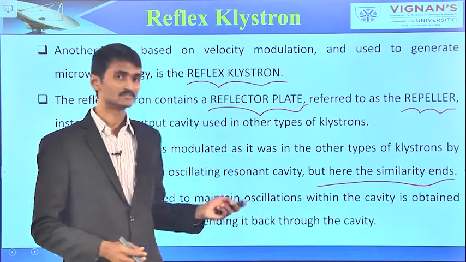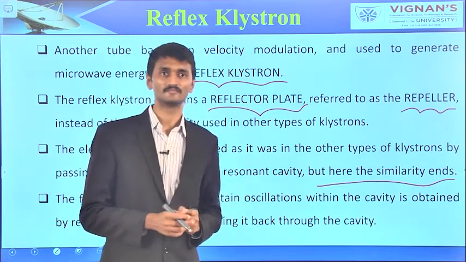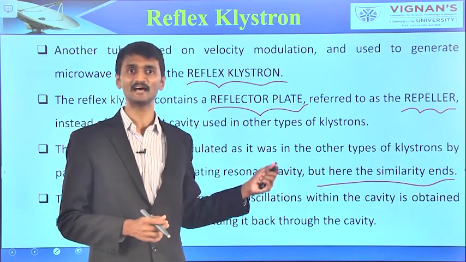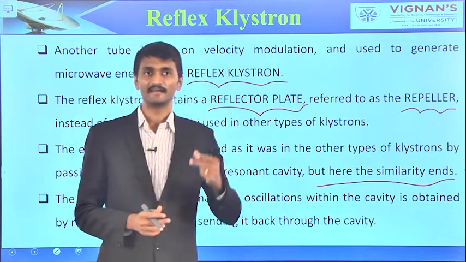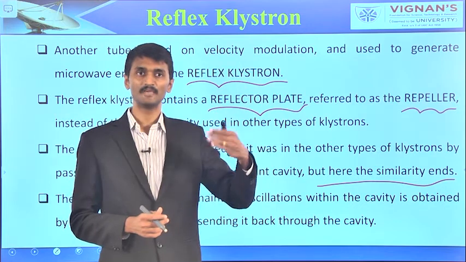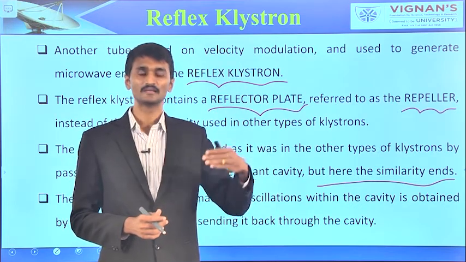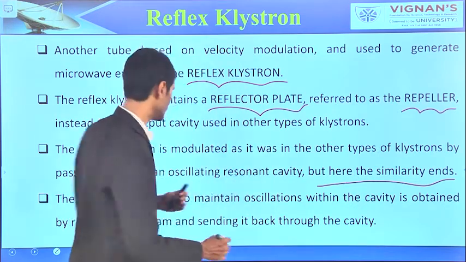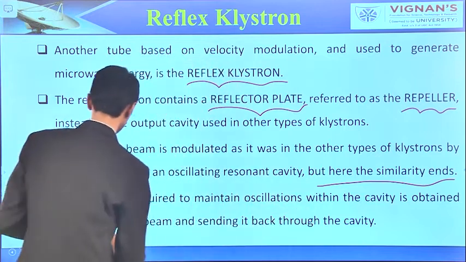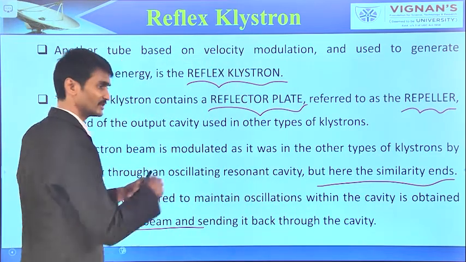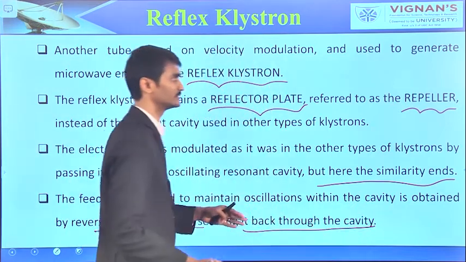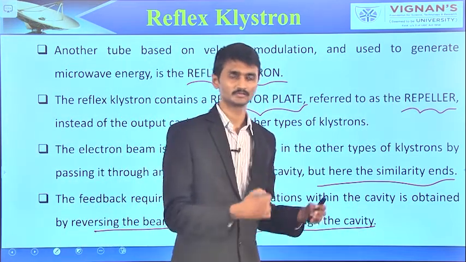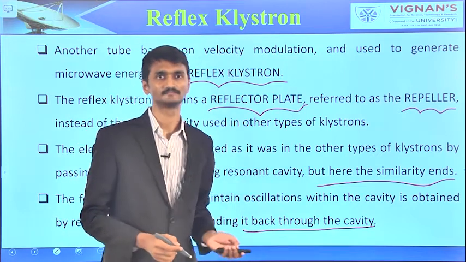Now the feedback required to maintain the oscillations within the cavity is obtained by reversing the beam and sending it back through the cavity. So the electron beam will be reversed, because of the repeller only, as we will see in the operation.